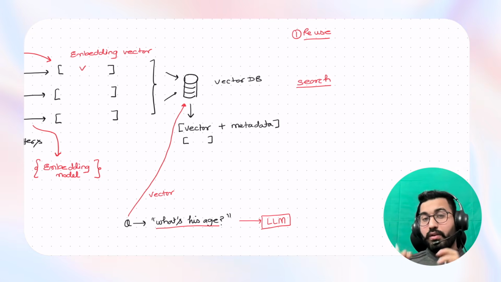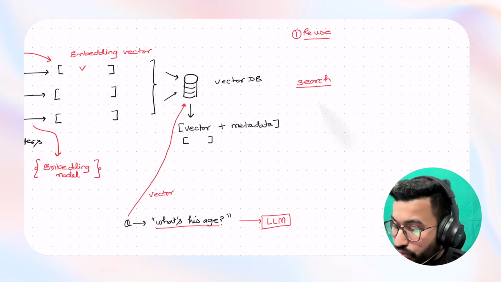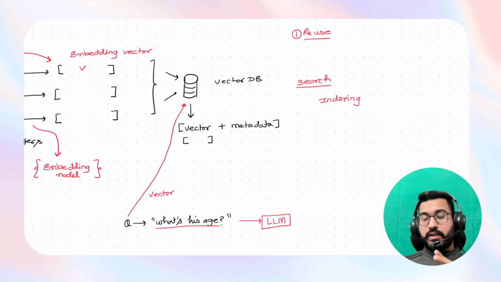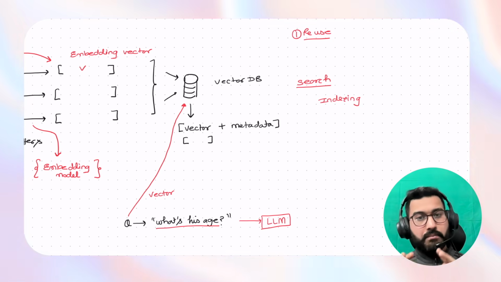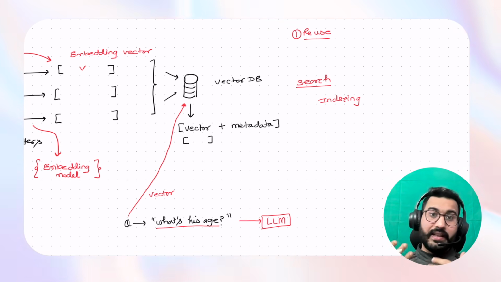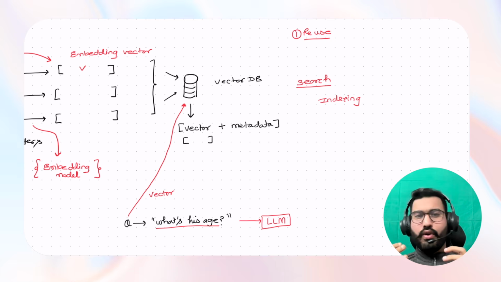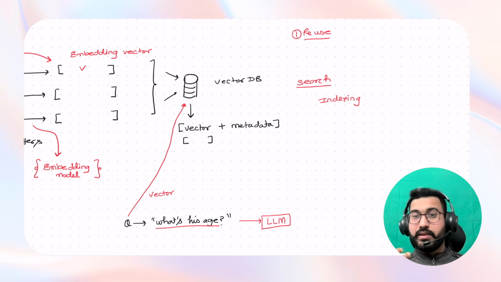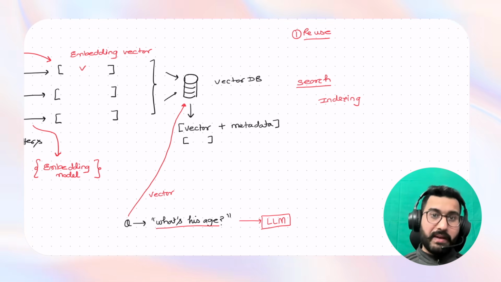A vector database also comes with something which is known as indexing. Now, those of you who are familiar with the concept of databases might be aware of this concept, which is indexing. Now, what is indexing? Indexing is a way to organize your records in the table so that the process of searching becomes fast and optimized.